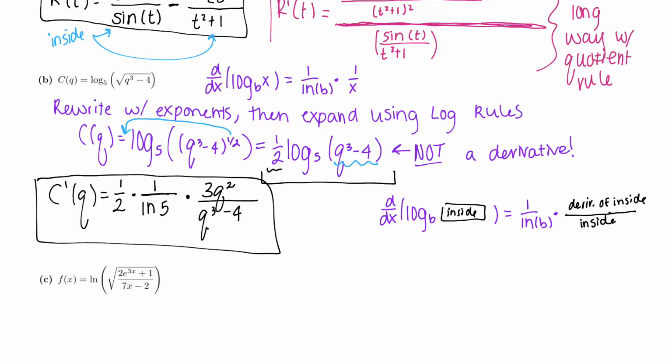However, if I were going to write it all as one, it would be 3q squared over 2 ln 5, and then I would have to write q cubed minus 4 like that if I wrote it all together as one fraction. But if you put parentheses in here, it's not wrong. It's just unnecessary, but not wrong. Still accepted.